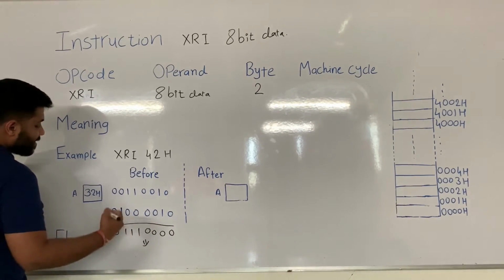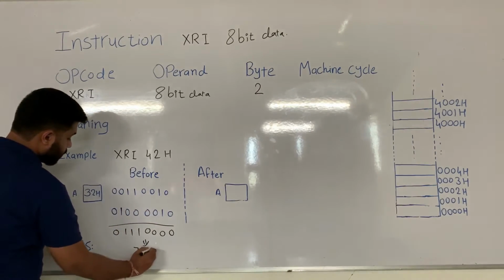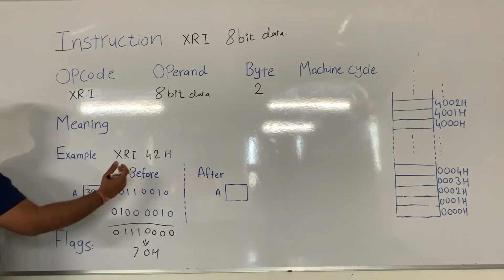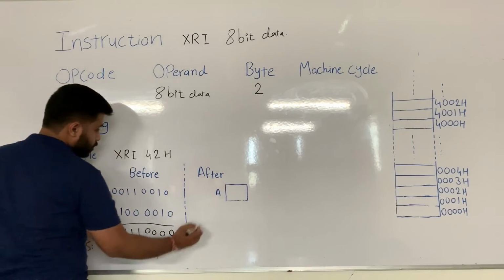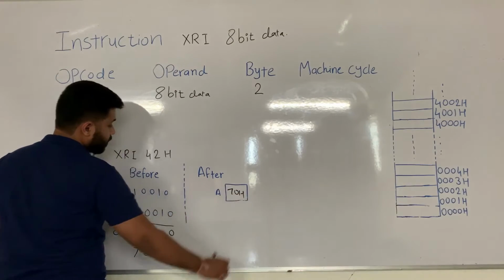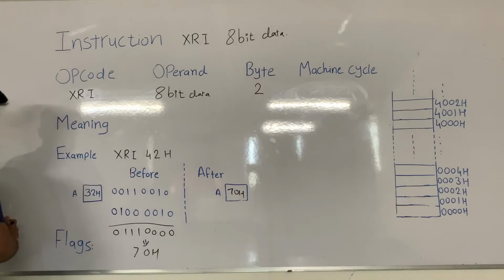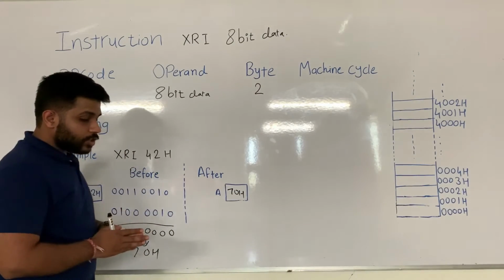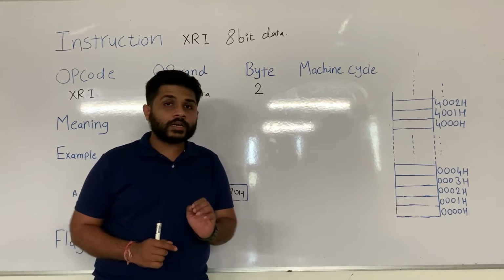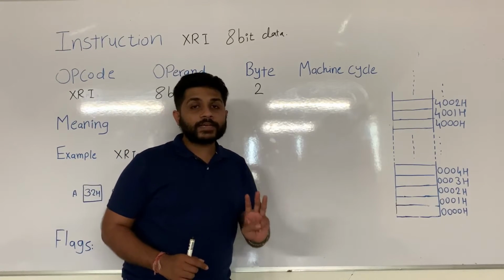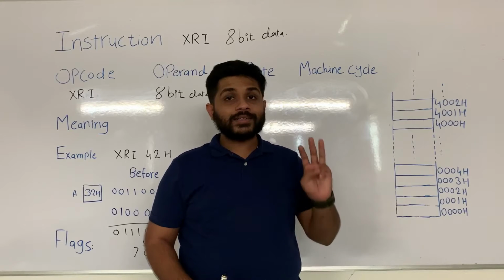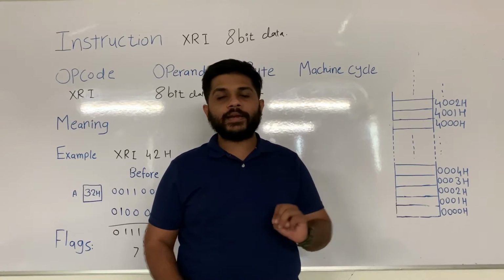If you convert into hexadecimal, you will get 70H. After performing the XOR, the result will be stored in the accumulator, so 70H will be present. As this instruction is a logical instruction, only 3 flags will be affected according to the result: the sign flag, zero flag and parity flag.